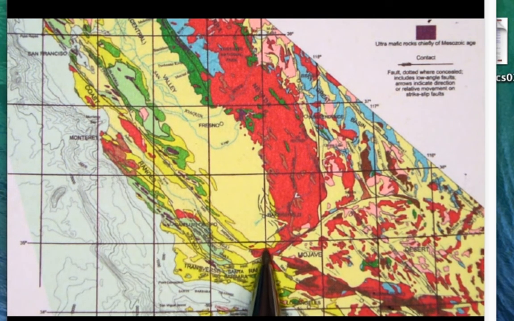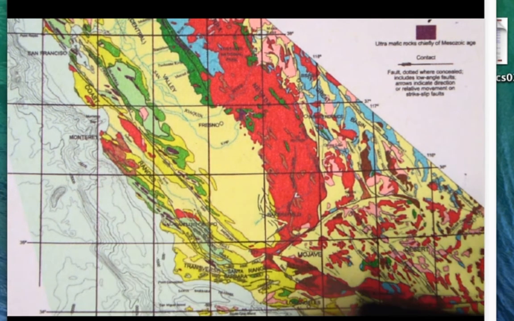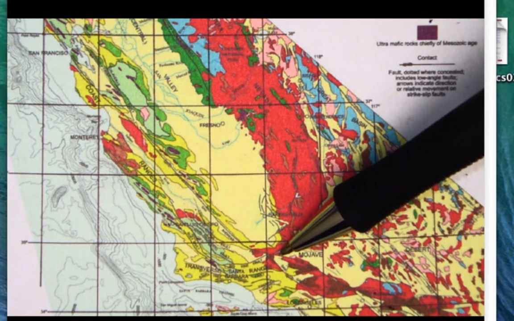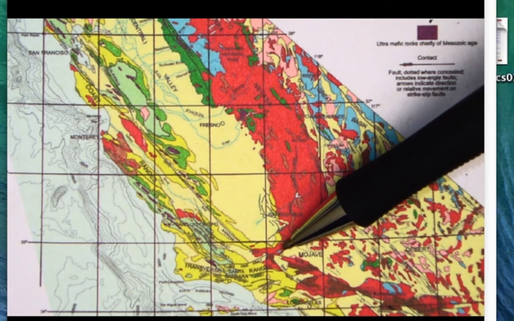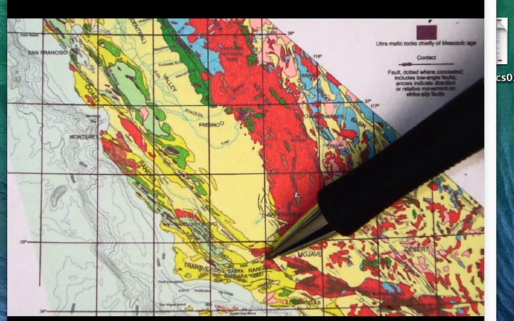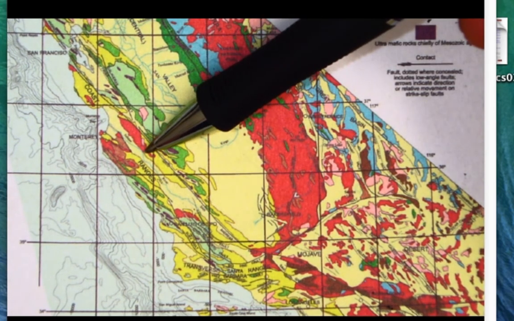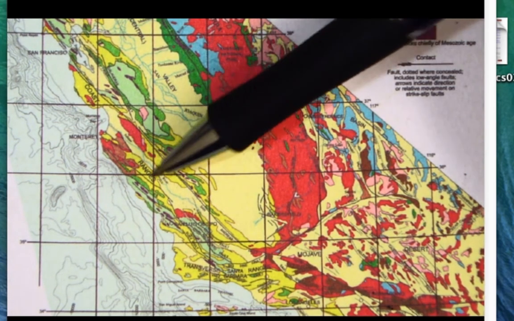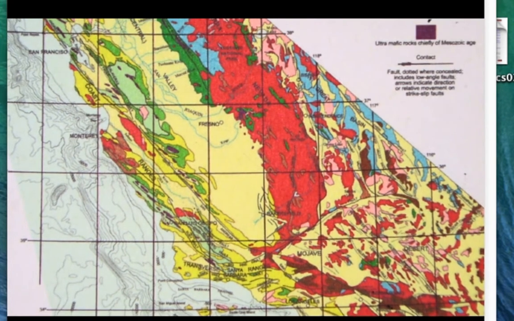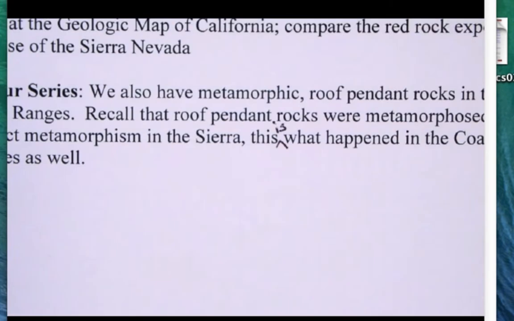And that's called a right lateral transform, because you're stepping to the right. Or if you're at the Tehachapi Range in the Sierra Nevada granites, you face the fault and you would have to step again to the right to get to where these granites are in the coast ranges. So the San Andreas Fault is an example of a right lateral strike slip fault.